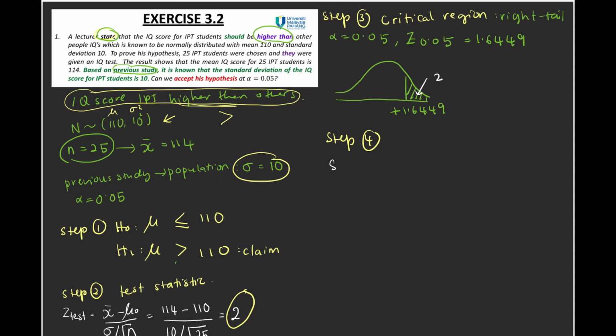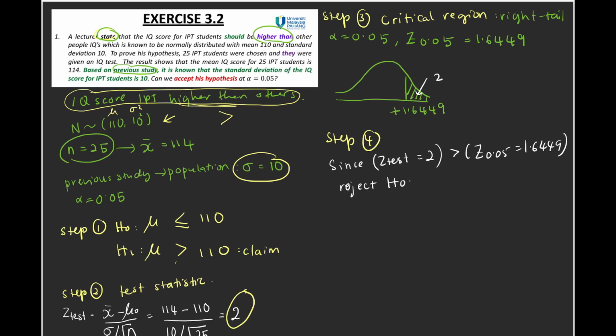Okay, since Z test is equal to 2, is greater than Z 0.05 equal to 1.6449, and it is also located at the rejection region, you have to reject H null.